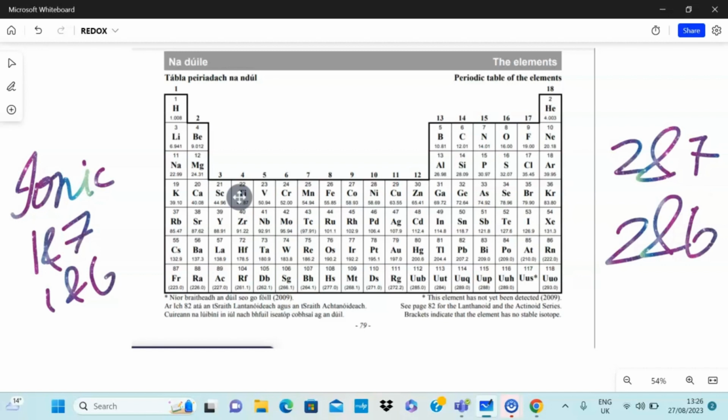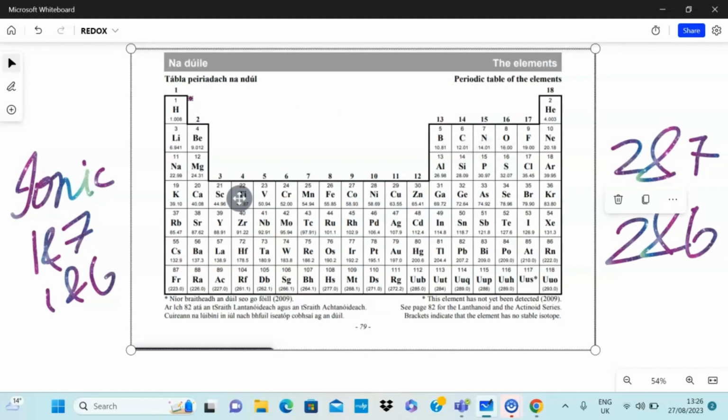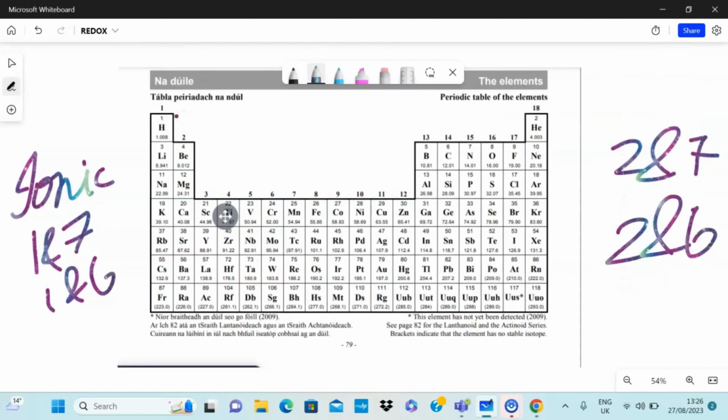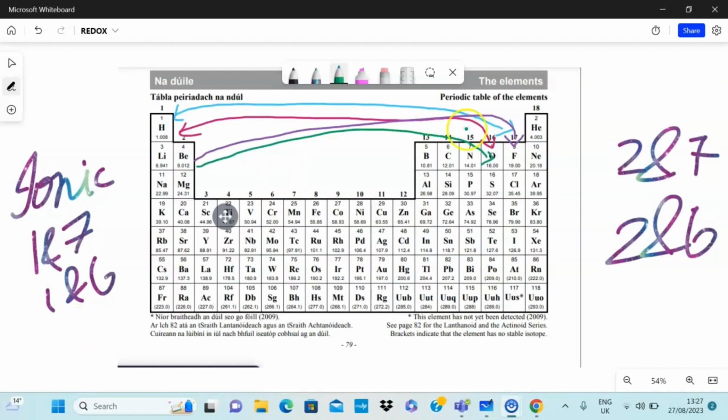It basically means anything from the first column to the seventh one. So 1, 2, 3, 4, 5, 6, 7. Okay? So 1 and 7, 1 and 6, 2 and 7, 2 and 6. Now I could have drawn that a bit better.